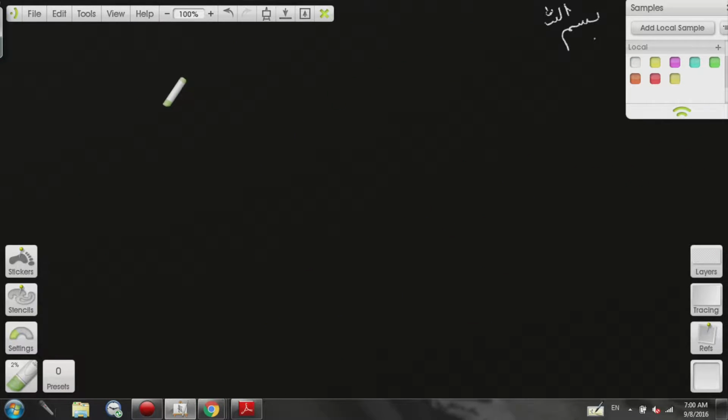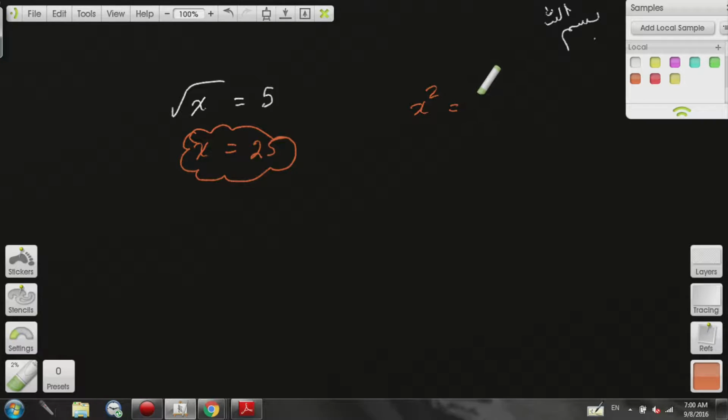For example, I give you this simple equation to solve, and you square both sides, and you get x equals 25. That's easy enough. But when you square, for example, when you say x squared is 25, there are 2 numbers that give you 25: 5 and negative 5. If you square 5, you get 25.